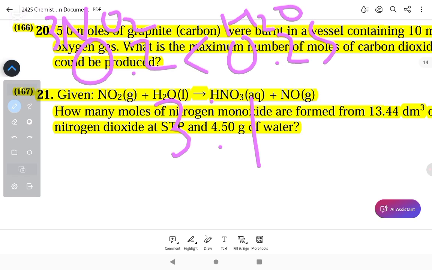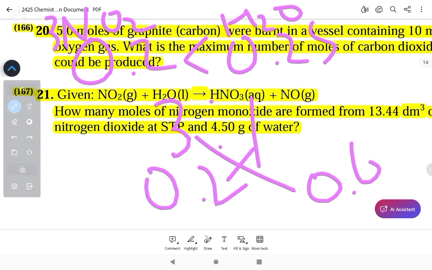How many moles of nitrogen monoxide formed from 13.44 decimeter cube? Limiting is the nitrogen monoxide, so 0.2 with 0.6, right?